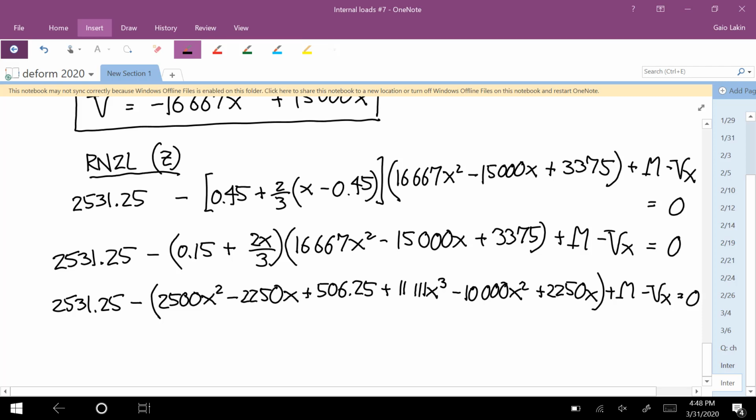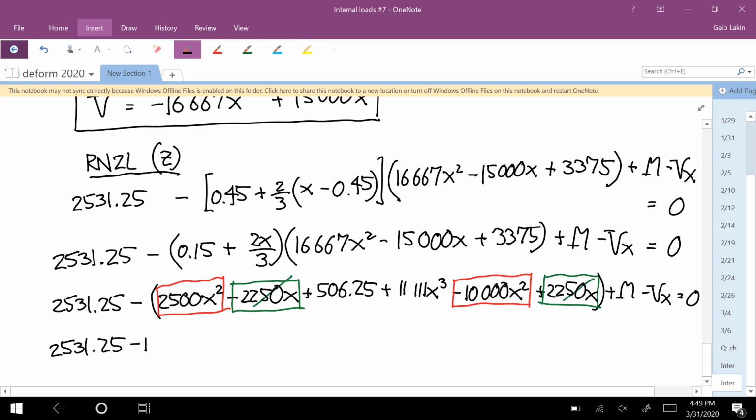Okay, now what can we group together? There are a few things. We can group this with this. We can group this with this. Ooh, and those cancel out. So those are equal and opposite. So we have 2531.25. I'm going to switch the signs of all of these.